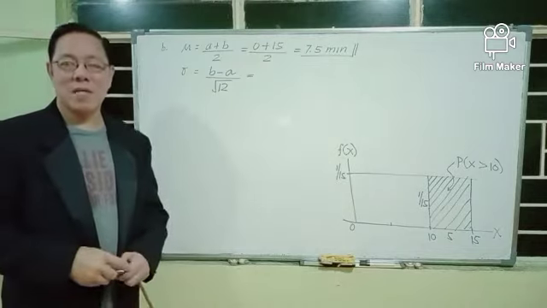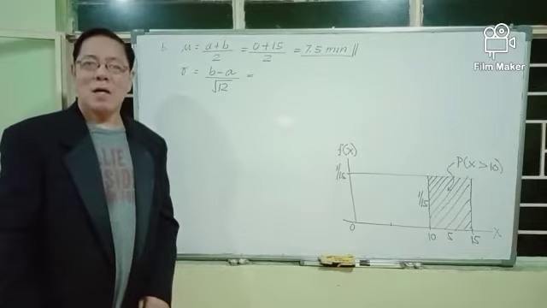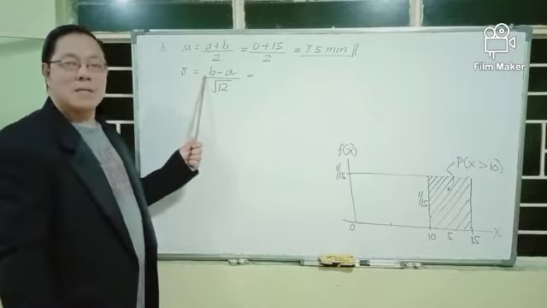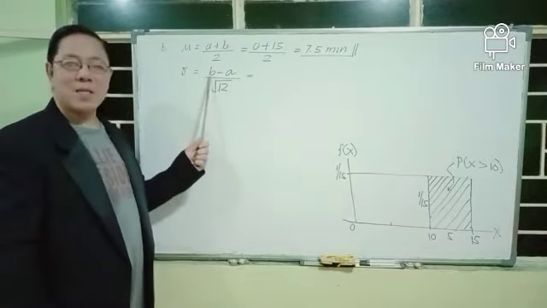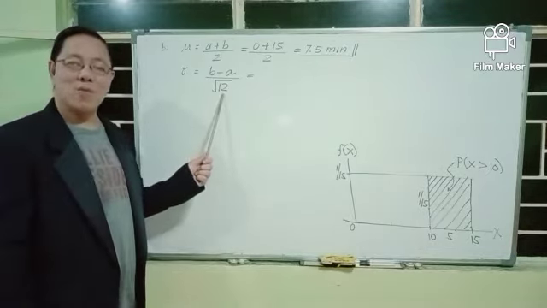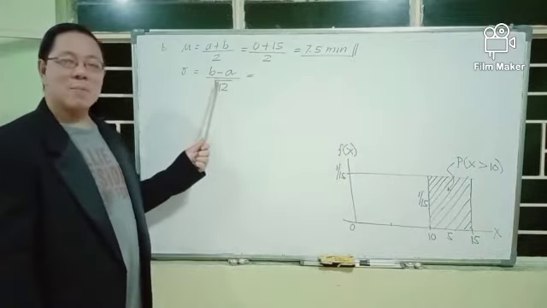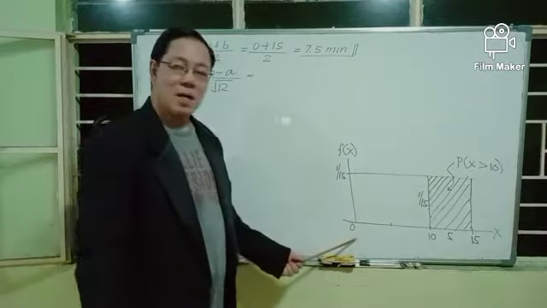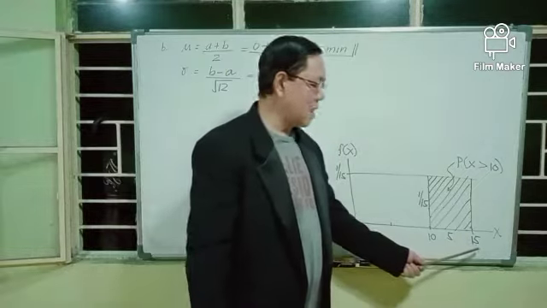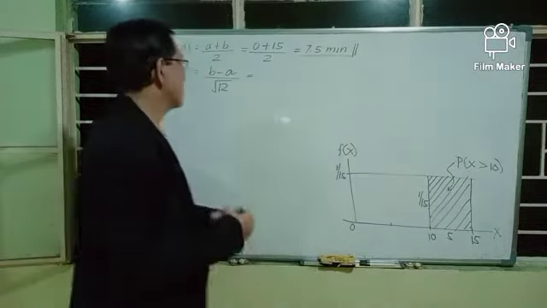As I said earlier, sigma, the standard deviation for a continuous uniform random variable, is directly proportional to the length of the interval between A and B, where the constant of proportionality is 1 over square root of 12. And the length of the interval from A to B is given by B minus A. In our example, A is 0 and B is 15. Therefore, the length of this interval from 0 to 15 is 15 minus 0, or 15 minutes.